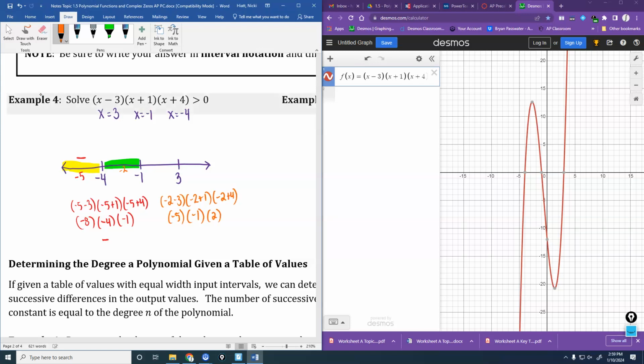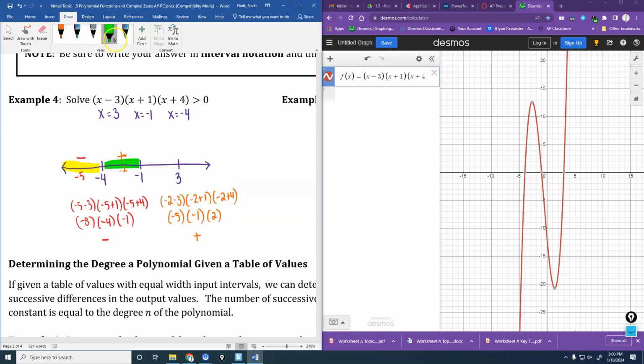This time I've got negative times negative times positive, which gives a positive answer between -4 and -1. It doesn't matter what number you pick between -4 and -1; you could use -3 or -3.5. You're going to get a positive answer for anything in that section.